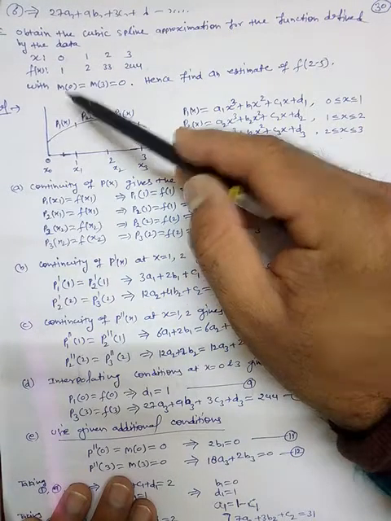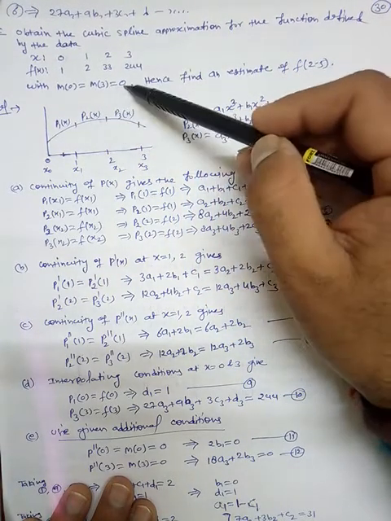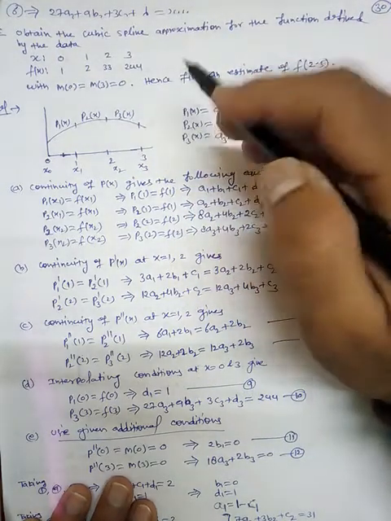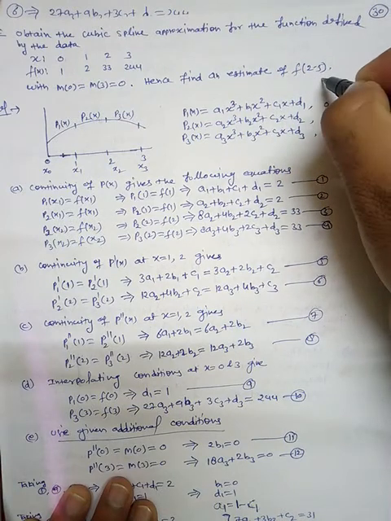The second derivative at 0 is equal to M at the last endpoint, both are 0. That means we are interested in the natural spline. And hence find an estimate of f at 2.5.